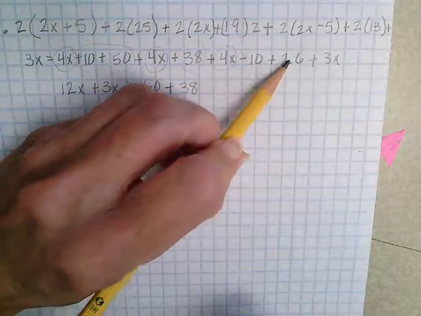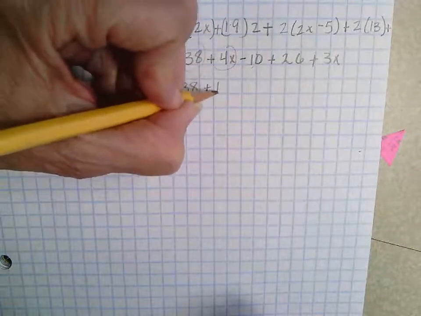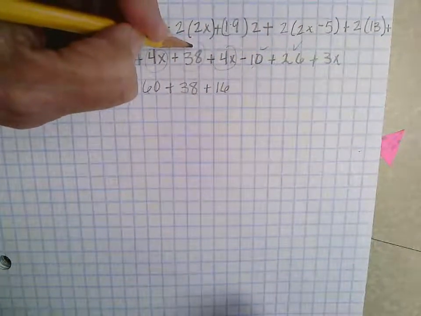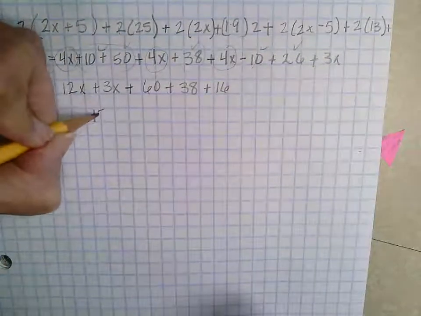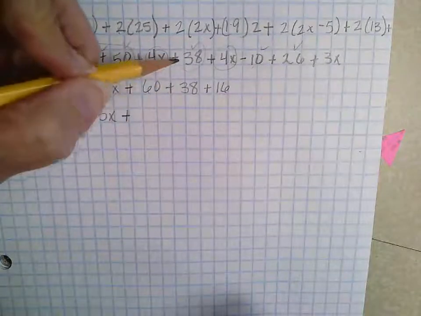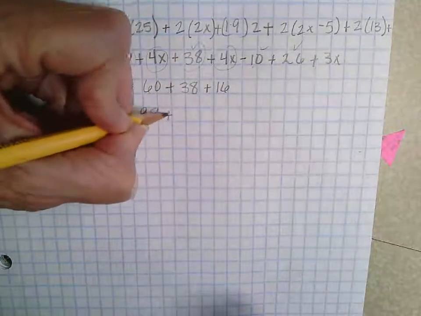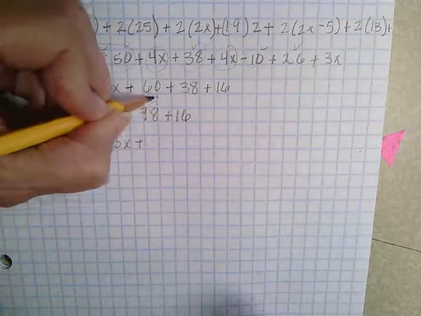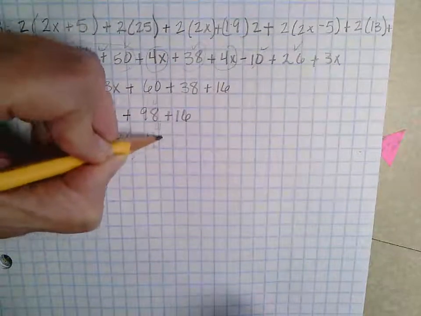And I have negative 10 and 26, so that should be 16. So I think I've taken care of all of these. So when I combine these, I get 15x plus, let's see, better go slow here, so 15x plus 114.